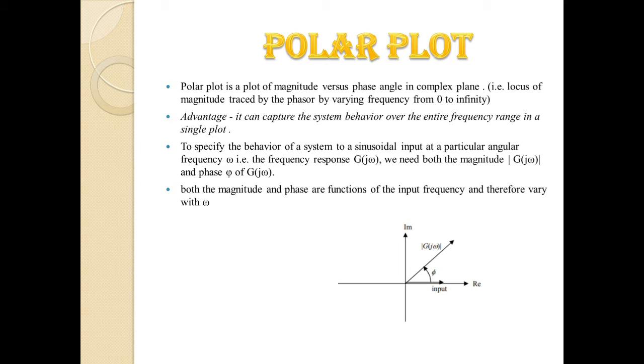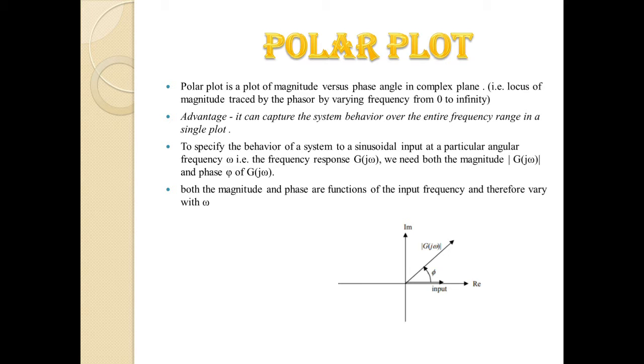Now, to find the polar plot, we need both the magnitude and phase angle of G(s). And here, s is represented by sigma plus j omega, where sigma is the real part and j omega is the imaginary part.